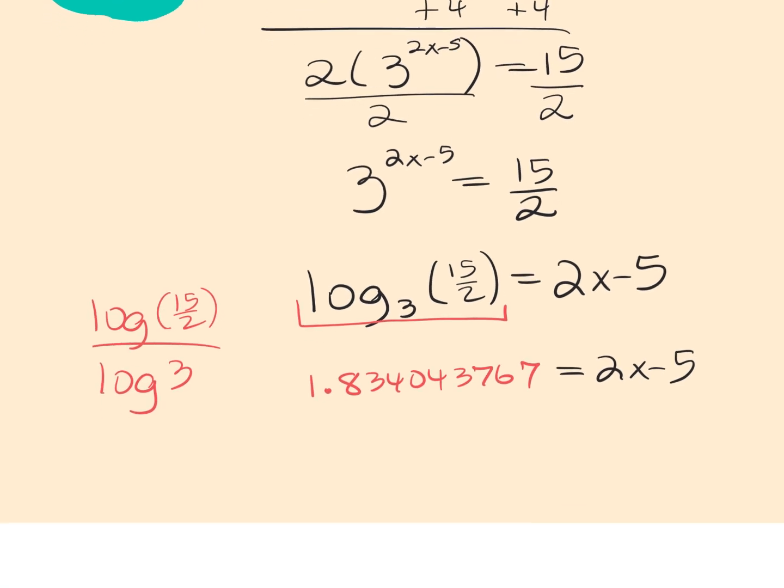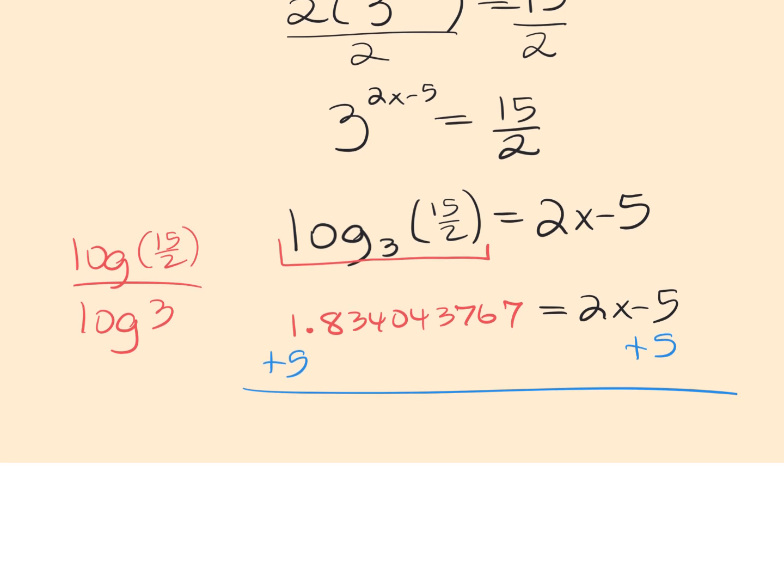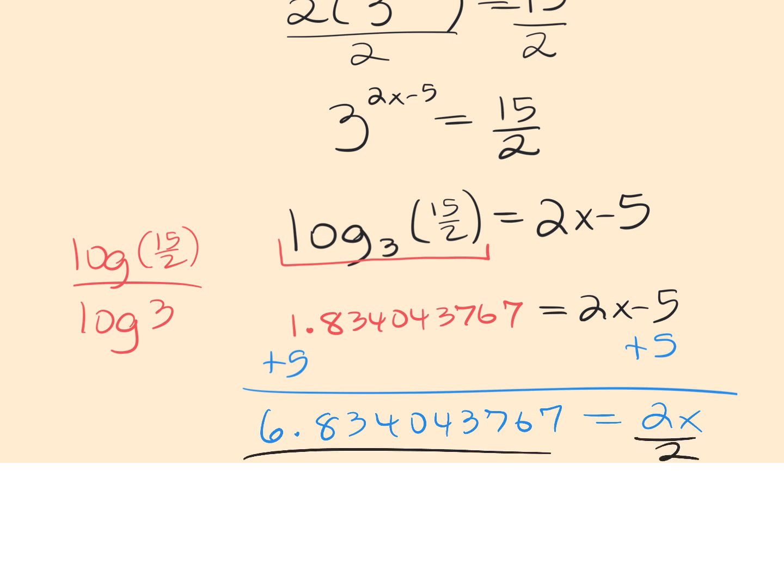So now what we need to do is isolate. Use our Algebra 1 skills. We're adding 5 to both sides. And again, you can do this continuous in your calculator. So you're going to end up with 6.834043767 equals 2x. You're dividing both sides by 2.